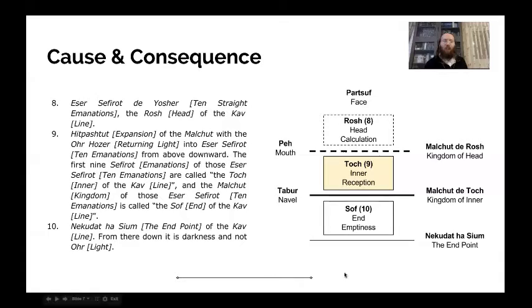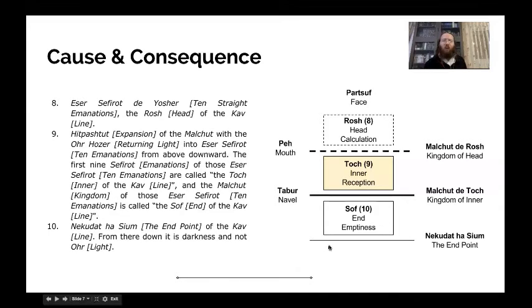So you can see we've got number 8, which talks about the Rosh, the head, the calculation. And then number 9, which is talking about the inner, the Toch. It's what you actually receive. And then finally you've got the Sof, which is 10, the end, it's emptiness, but you're actually having enjoyment from not receiving.